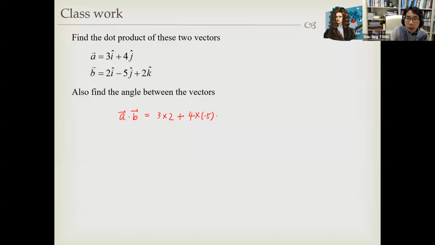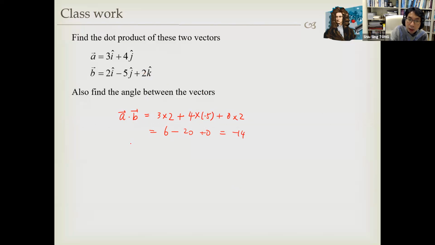And for the Z component, A doesn't have a Z component, so that is a 0 multiplied by the Z component of B, which is 2. So now I have 3 times 2 is 6, 4 times 5 is 20, 6 minus 20 minus 0, so I now have minus 14 for the dot product.